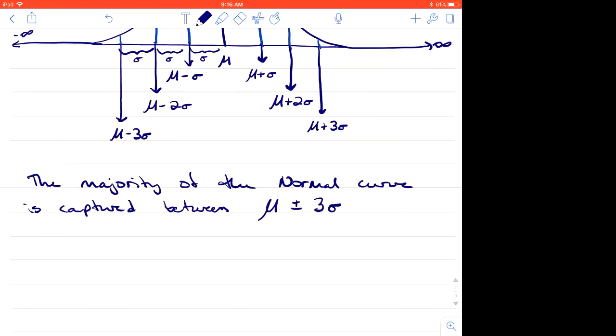Has anyone heard of 6 sigma in business? Anyways, it's referring to this, right? We've got 3 sigmas on either side, 6 sigma, covering all the possibilities, essentially. But if you haven't heard it, now when you hear about it, you'll go, oh, I know what they're talking about. Maybe not quite yet.